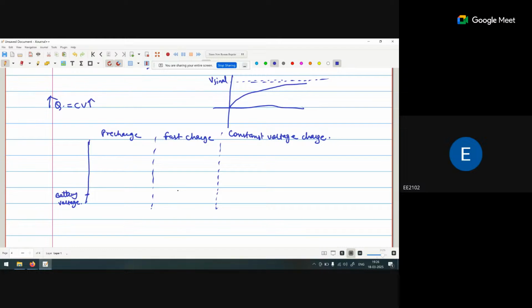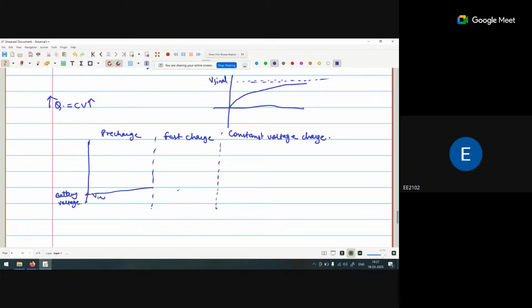That's why the professor discussed that the charging will not start from zero voltage. It will start with some initial battery voltage, either 1.2 volt, 1.3 volt, anything. Now in the pre-charging, the voltage increases very little.